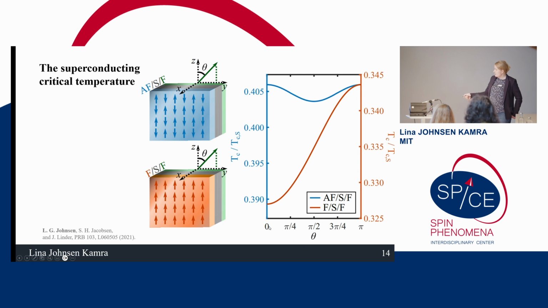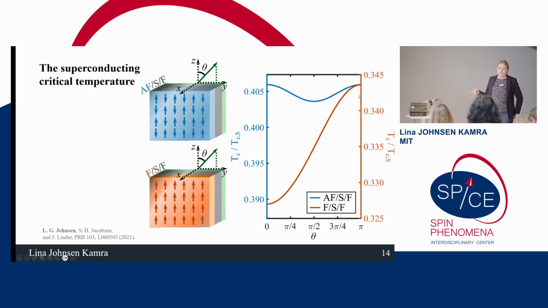At zeta equal to 0, that is for a parallel alignment, the FSF structure has a minimum critical temperature as expected, because now the spin splitting field inside the superconductor is strong. While if they are antiparallel, the spin splitting field partially cancels out and we have a much higher critical temperature.